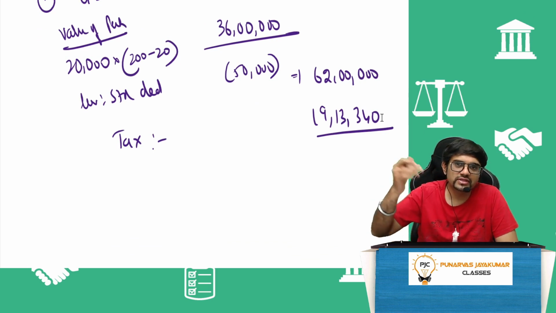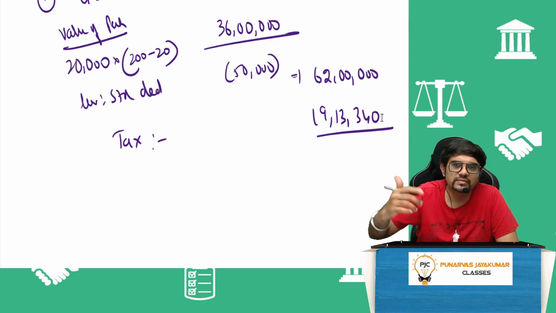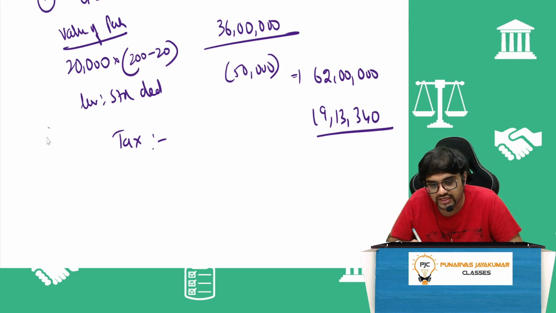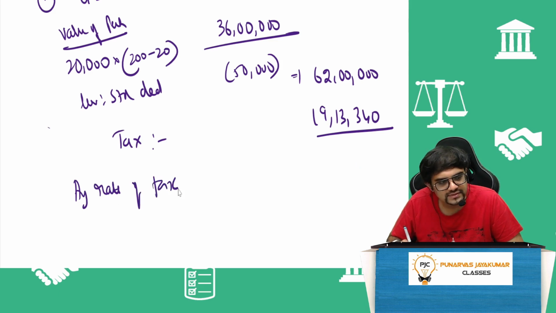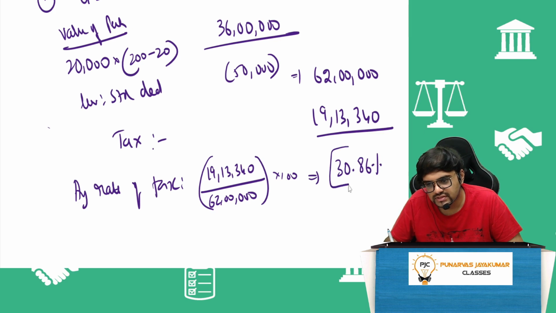See, I told you that time 30%, thinking everything is over above slab rate. Here I have to take the slab rate also. Now I have to compute average rate of tax. Average rate of tax, how much is it? 19 lakh 13,340 divided by 62 lakh into 100. 30.86%.